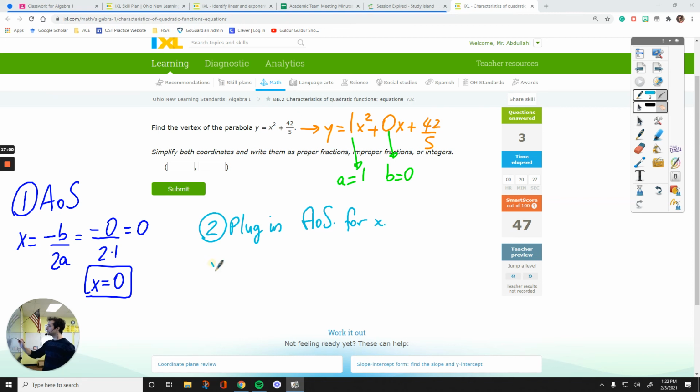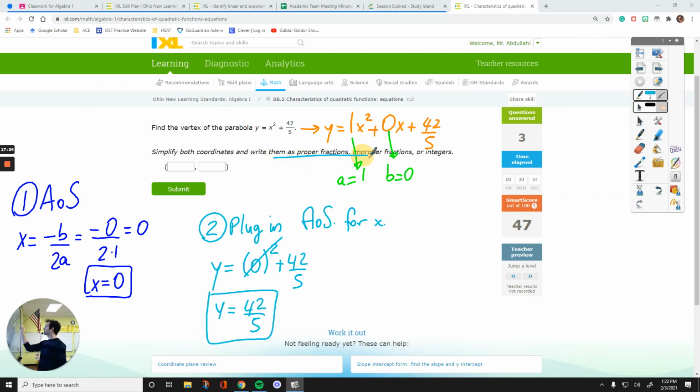Bring down the whole equation, and wherever there's x, plug in what you found for AOS, plus 42 divided by 5. 0 squared is just 0, plus 42 over 5 is 8.4, but keep it as a fraction because that's what the instruction says. Write them as a proper fraction, improper fractions, or integers. So if I divide them, that's going to be a decimal.